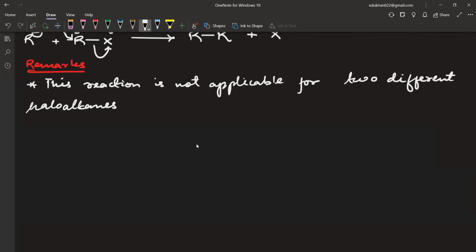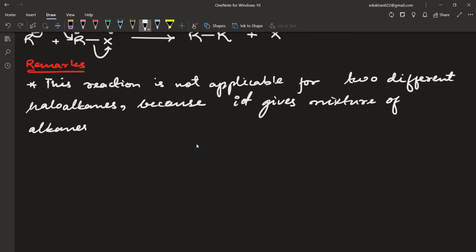Why is it not? Because it gives a mixture of alkanes, which is difficult to separate.